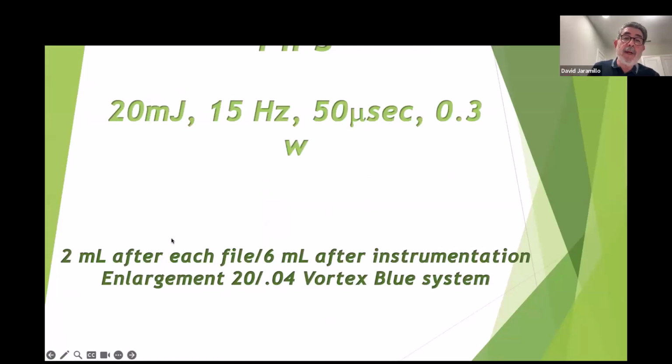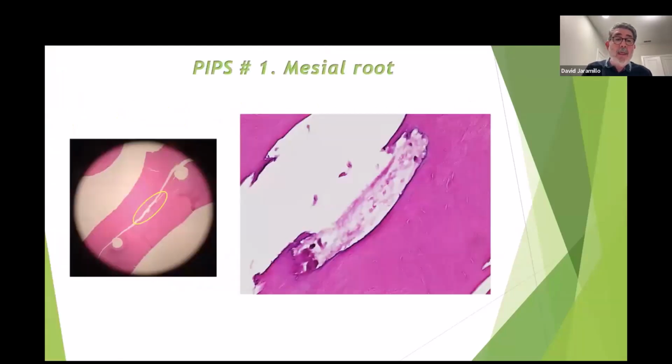So that backs up what I think is happening. I think that you cannot see, but it says SWEEPS here is 20 millijoules, 15 hertz, 50 microseconds, 3 watts. So we did pretty much the technique.